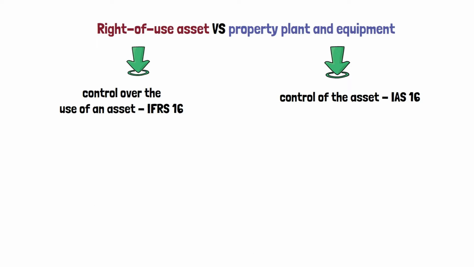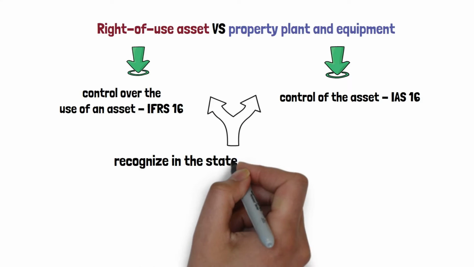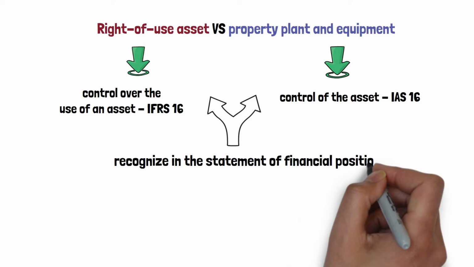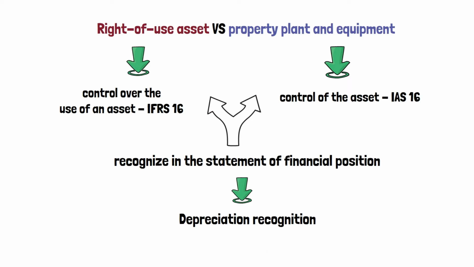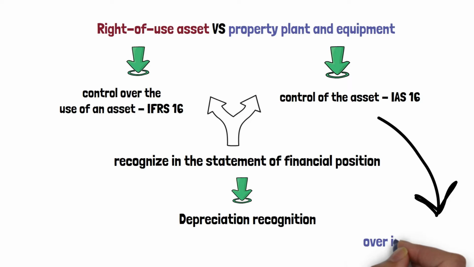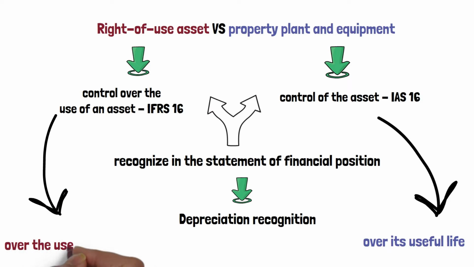That is, control over an asset is different from control over its use for a period established in a contract. However, both assets must be recognized in the statement of financial position and depreciated. In the case of property, plant, and equipment, depreciation is over its useful life, while a right-of-use asset is depreciated over the term of the lease.